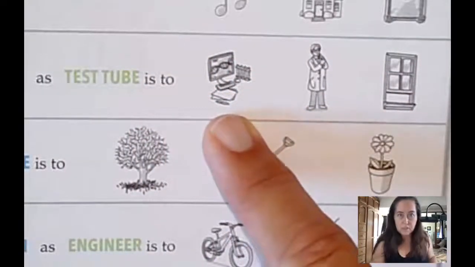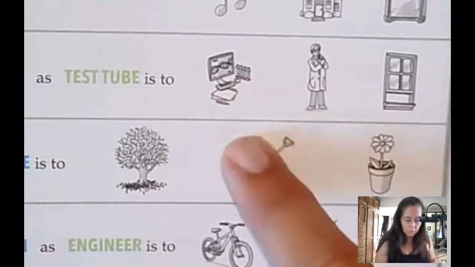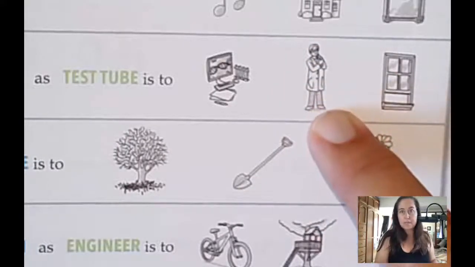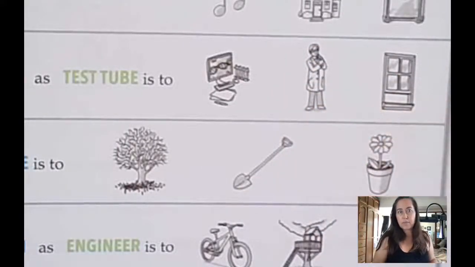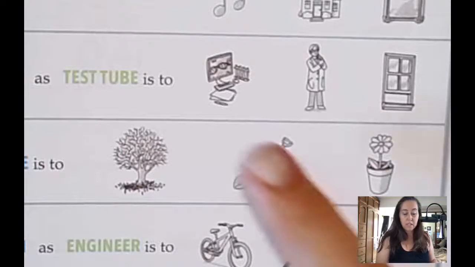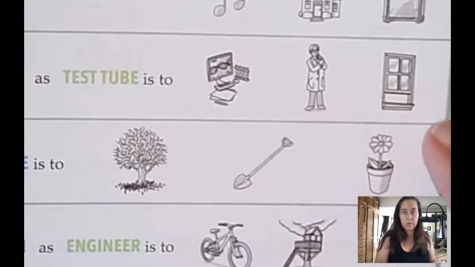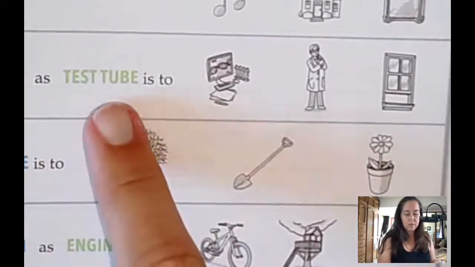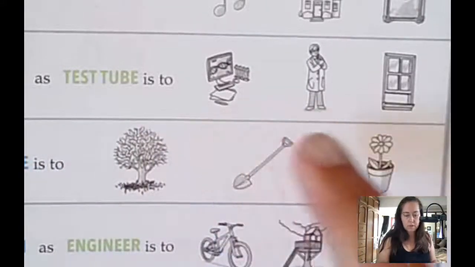This looks like a computer with some test tubes. This looks like someone wearing a white lab coat, maybe a scientist, and this is a window. Which one do you think? And if you want to just number 1, 2, 3, that might be easier for your answer. So hammer is to carpenter, as test tube is to 1, computer, 2, scientist, 3, window.